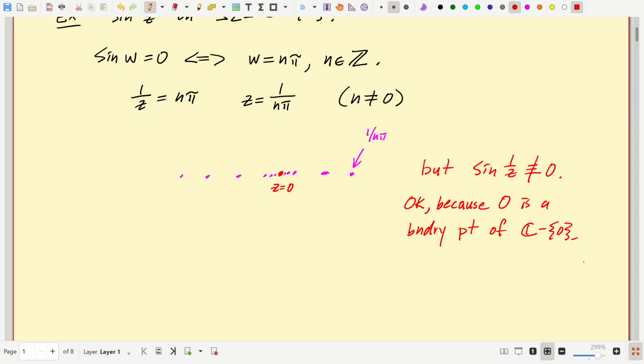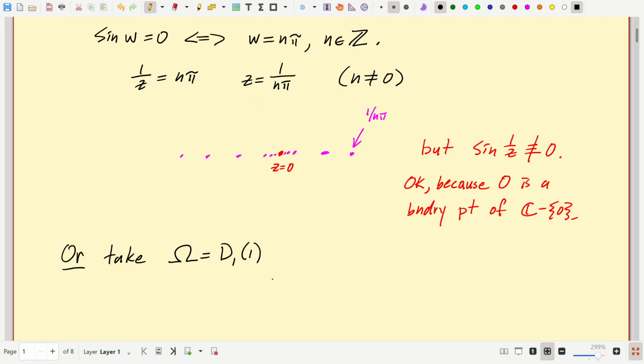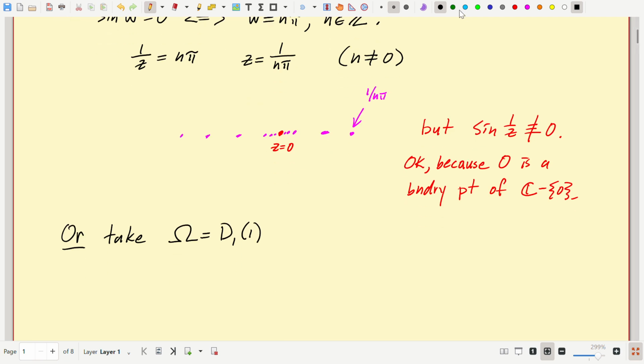Another example would be to take my omega to be the disk of radius 1 about 1. Then you'd have a circle of radius 1 about 1, and then the bad point would be in the boundary again, this 0 point right here.